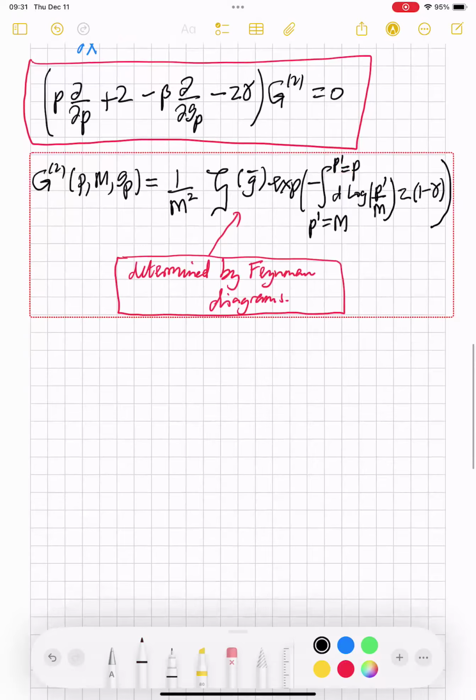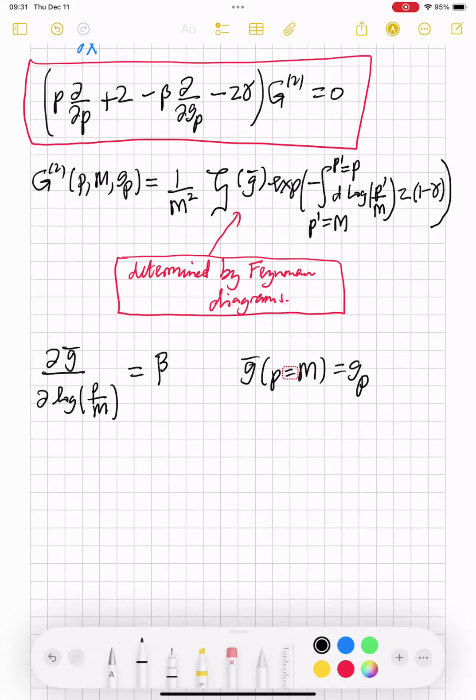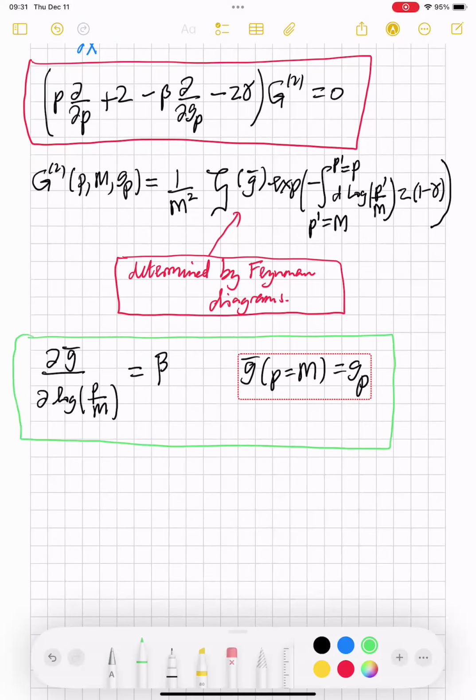What the Callan-Symanzik equation does tell you is that dg bar over d log(p/m) is equal to the beta function, and g bar at p equals m is equal to your physical coupling. So I've given you a first order differential equation to solve, and I've told you its initial condition. One initial condition is needed to specify the solution.